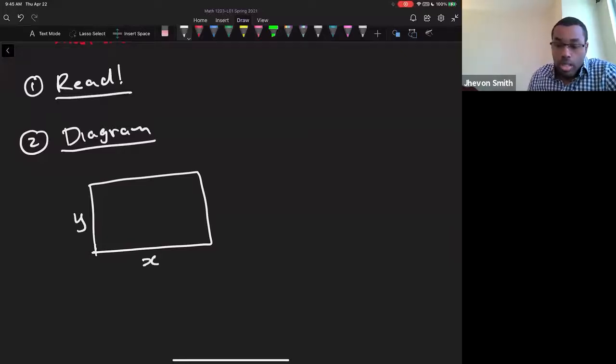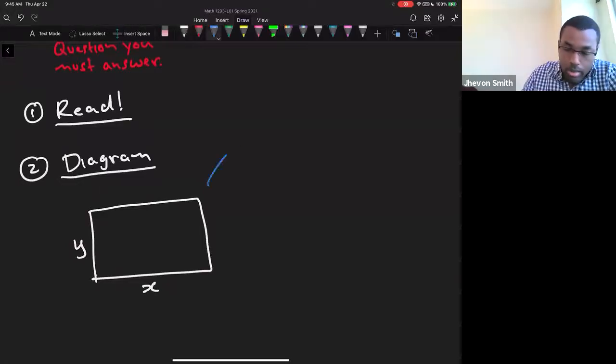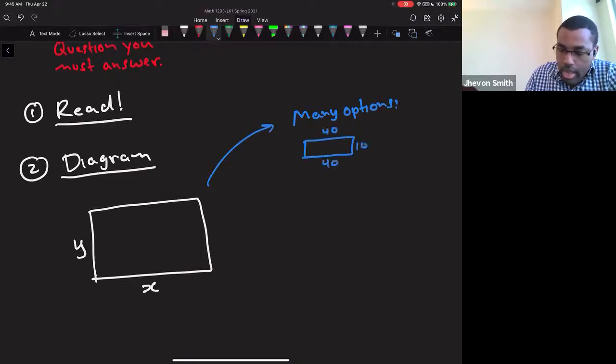Notice that there are tons of options, right? There are many options. He could do, with 100 feet of fencing, 40 and 40 and 10 and 10, or he could do something like 25, 25, 25, 25.